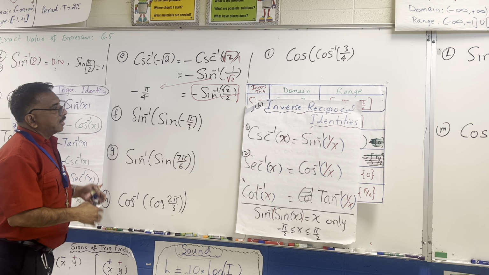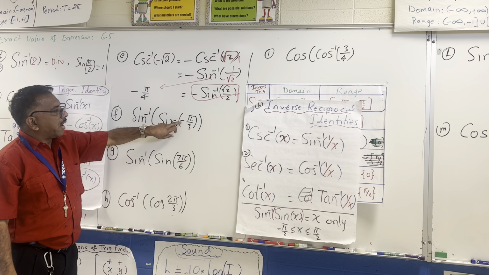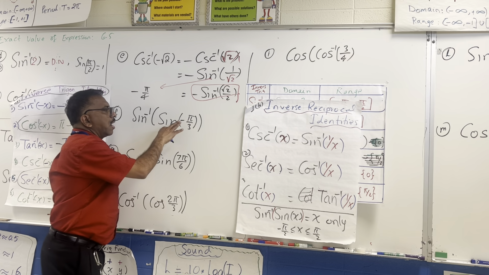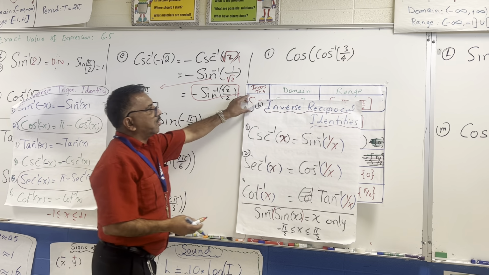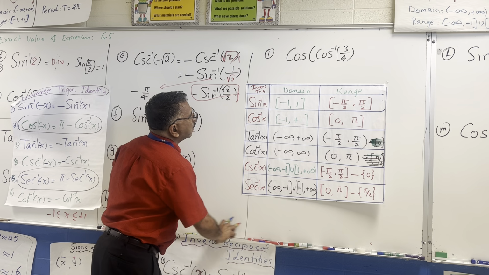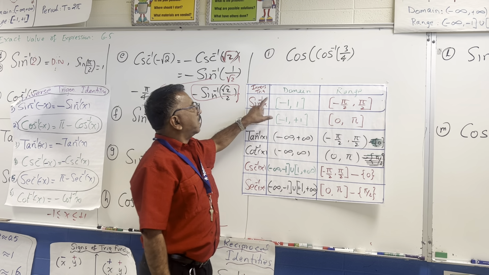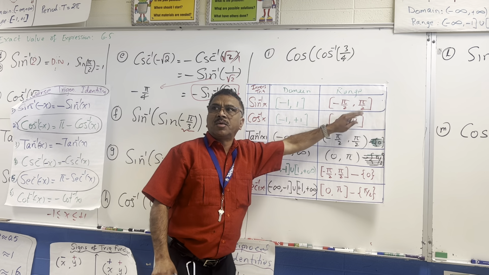Next one, this is where we need to be very careful now. Sine inverse of sine of minus pi by 3. The question is, this minus pi by 3, is it part of the restricted domain? So look at this inverse function sine. The domain is minus 1 to 1, but the range is minus pi by 2 to pi by 2.